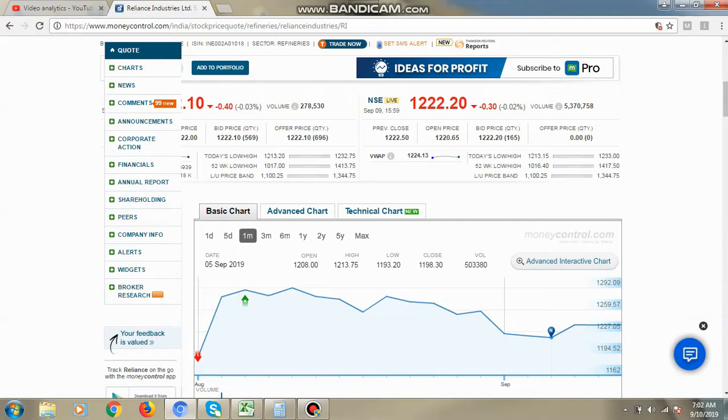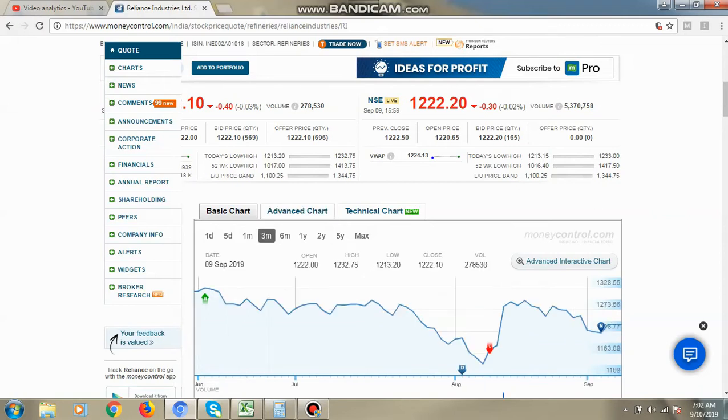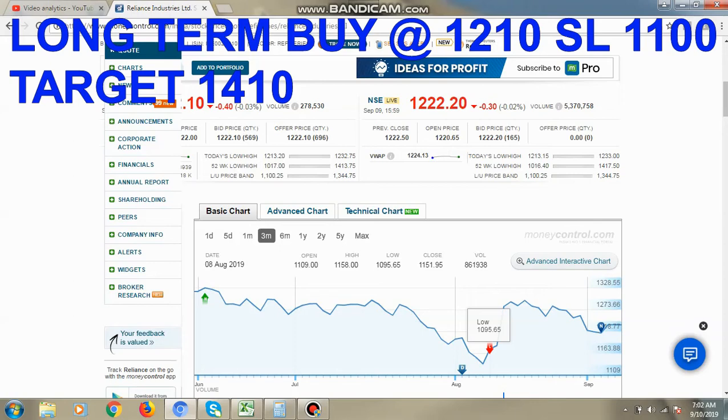And if we see the chart for 3 months, we see that the stock had fallen on 8th August to 1100 rupees. So somebody who's taking a long term call, I'm giving a long term call first of all. Somebody who wants to buy the stock for a year and a half or so can buy it around 1200.